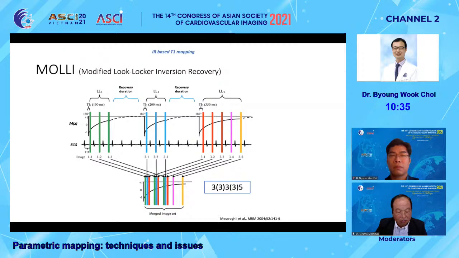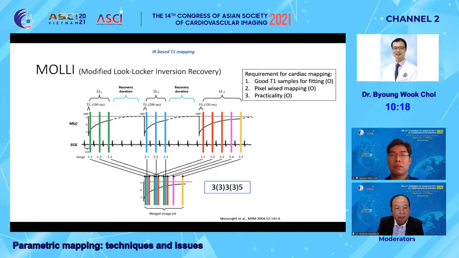The original MOLLI was a 3-3-5 protocol. The unbracketed numbers indicate the number of images acquired after every inversion pulse, and the bracketed ones indicate the numbers of recovery intervals for T1 recovery. So the MOLLI technique fulfills all three requirements for cardiac T1 mapping.